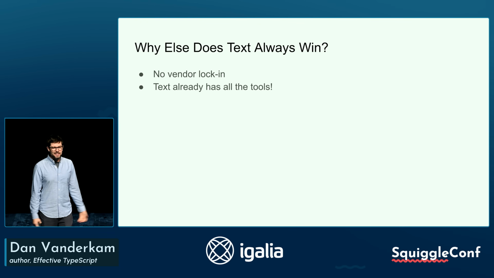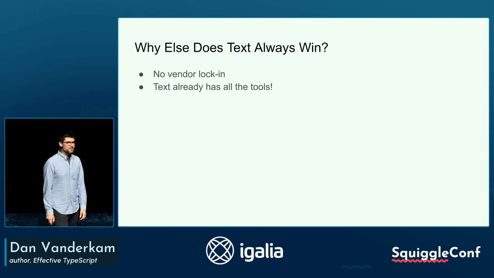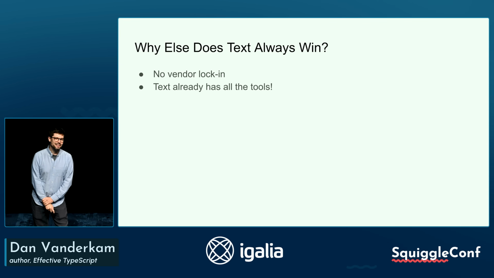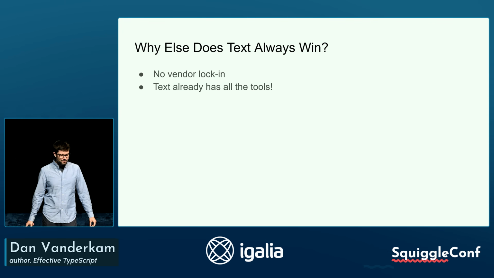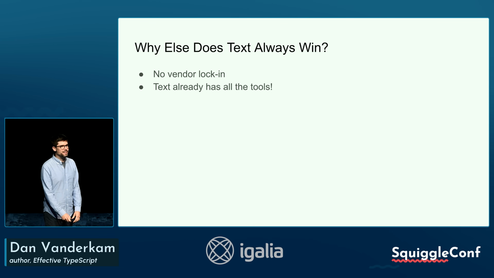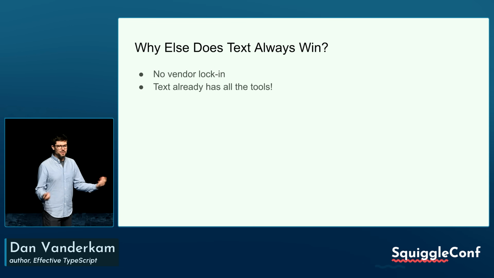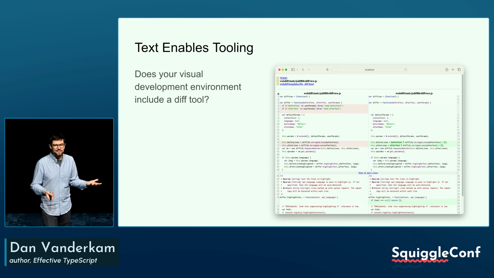So I think another good reason that we use text is that there's great tooling for text, right? If you imagine doing development in a spreadsheet, how would you diff a spreadsheet that's stored in a binary format, or a HyperCard stack? With text, we have lots of great diff tools, right?